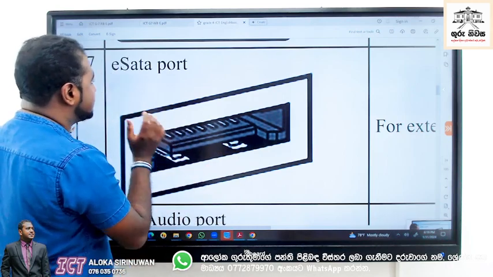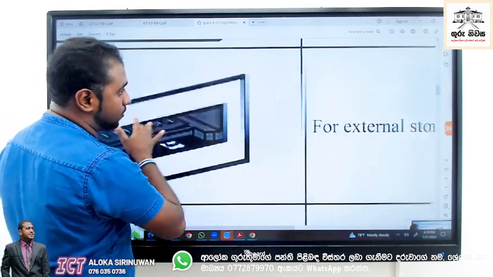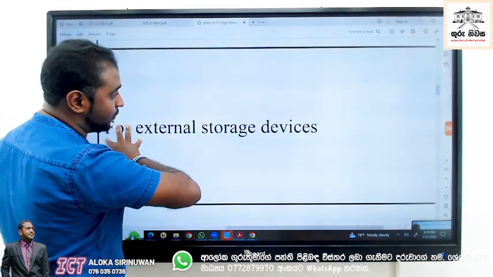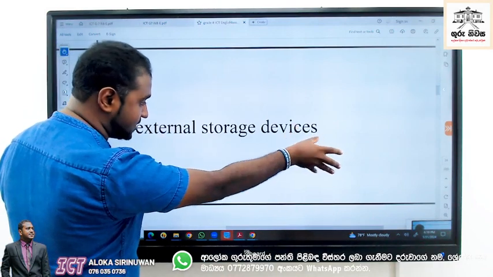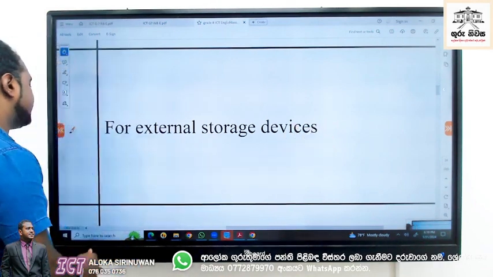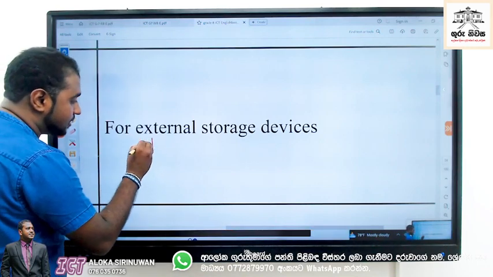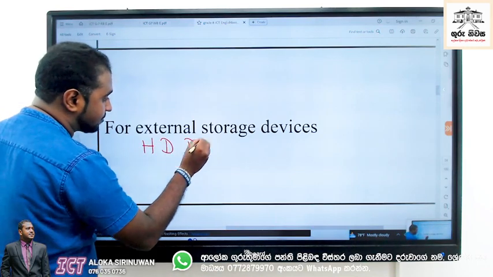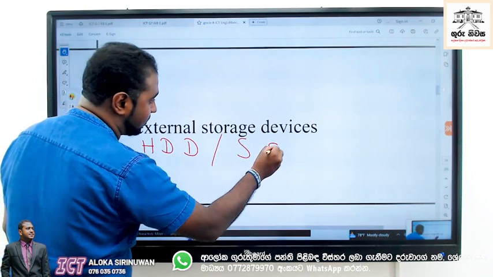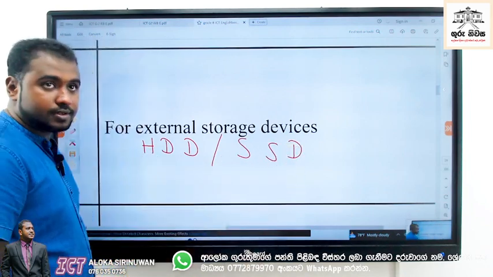Okay, that is known as the eSATA port, SATA port, and used for external storage devices. We use this to connect your hard disk drive and SSD, solid state drive.